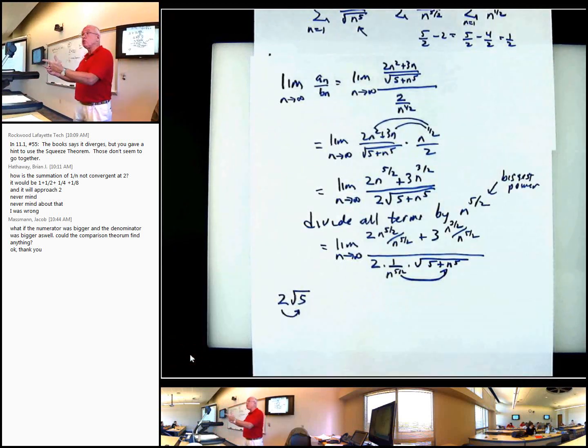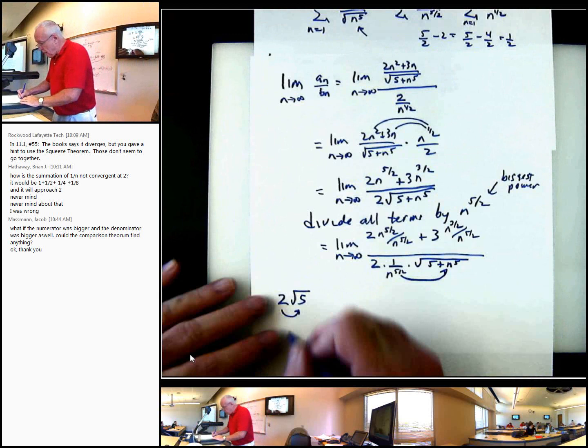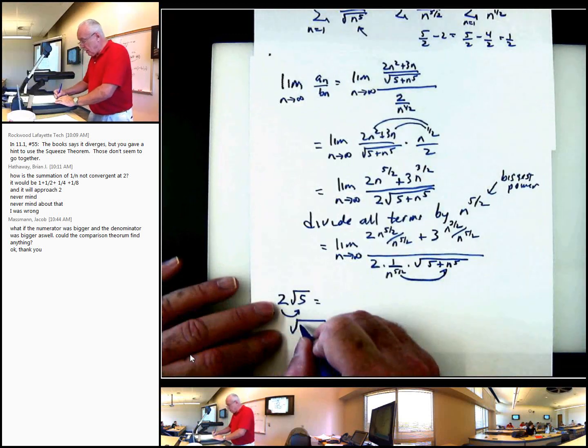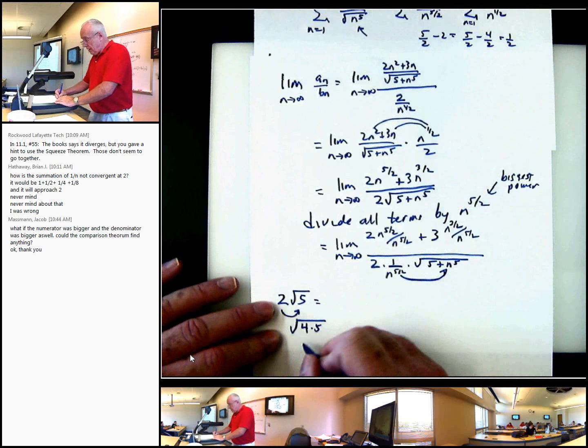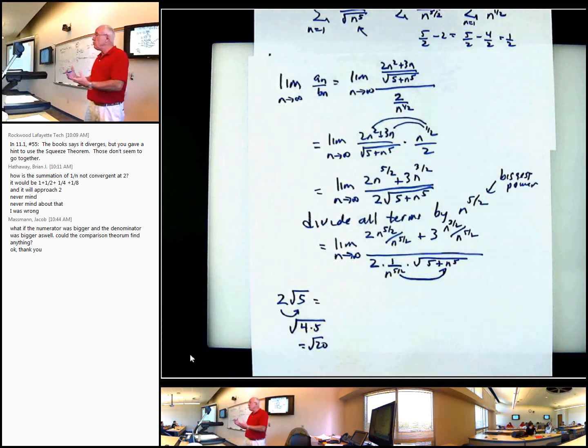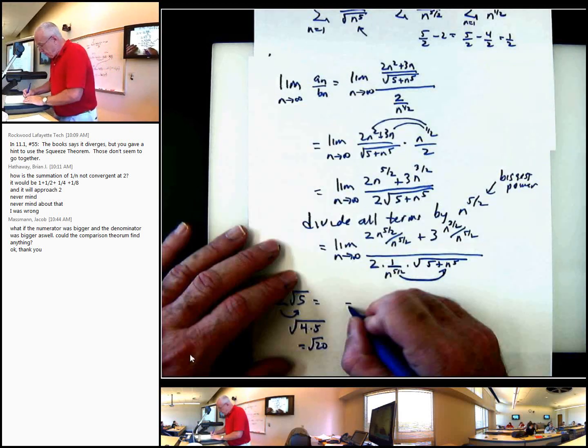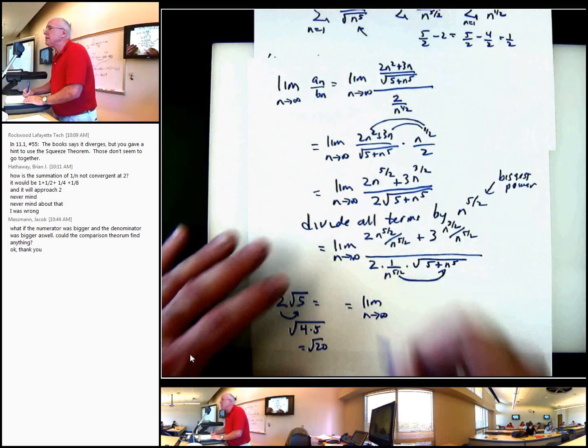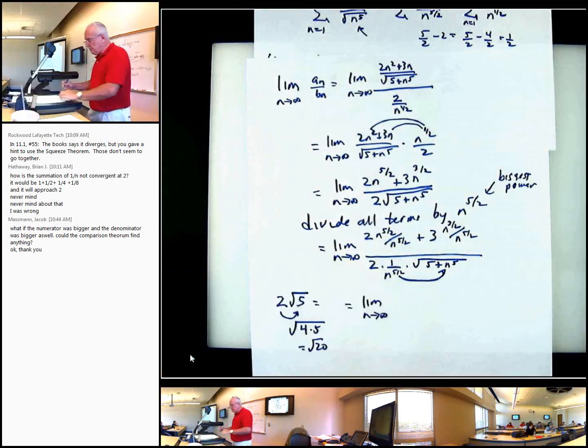To do that, I have to square it, so I get 4 times 5, and that gives me the square root of 20. So when we bring something under a square root radical, we have to square it to get the equivalent thing. Does that make sense?